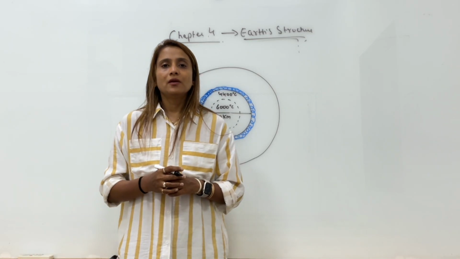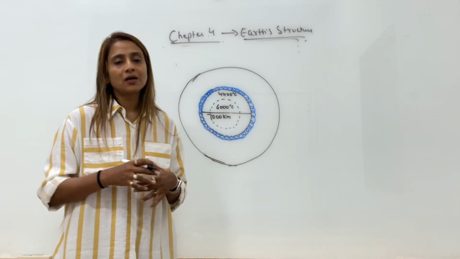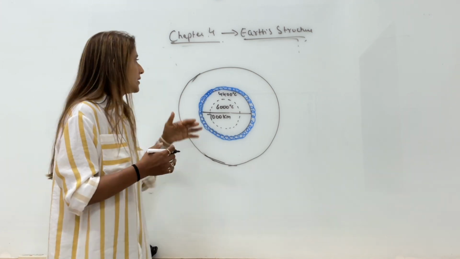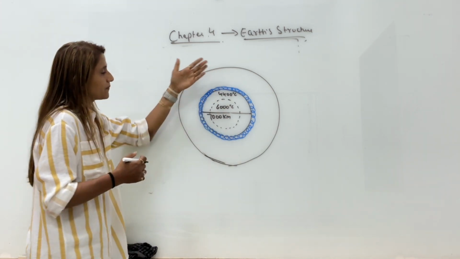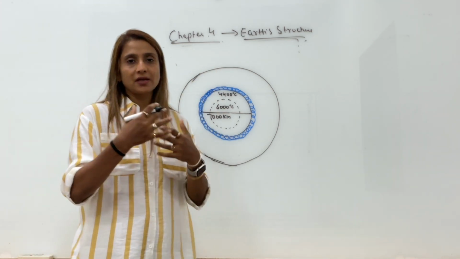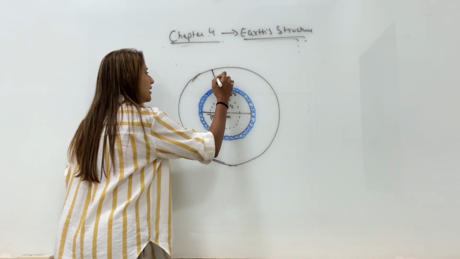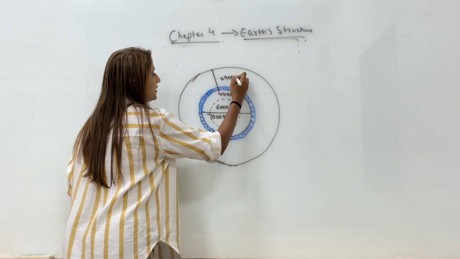Now, it is said that mantle is the largest part in the Earth's interior. It occupies the maximum part in the Earth's interior. It is a layer between crust and core. The thickness of mantle is around 2900 kilometer.